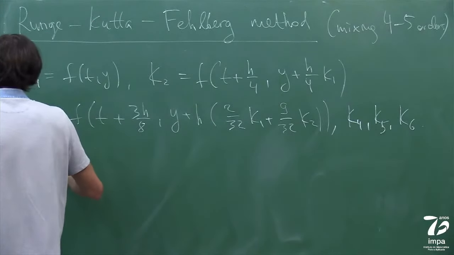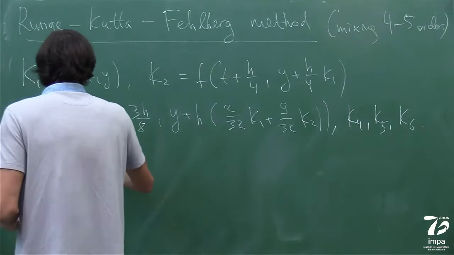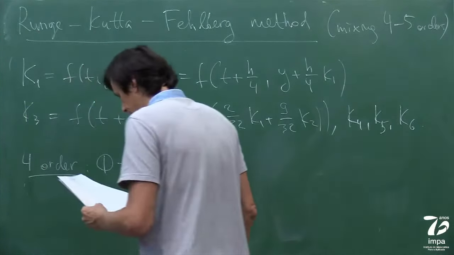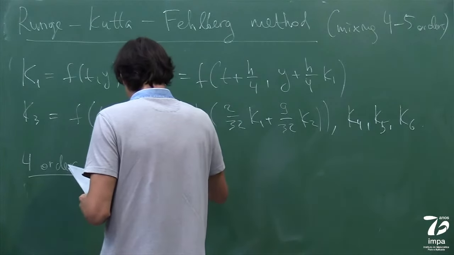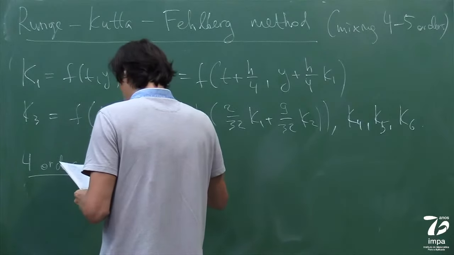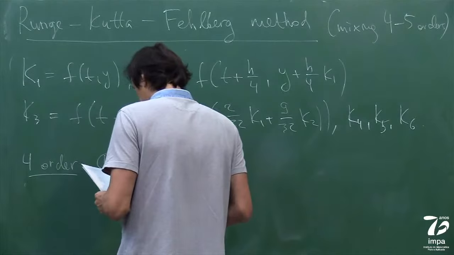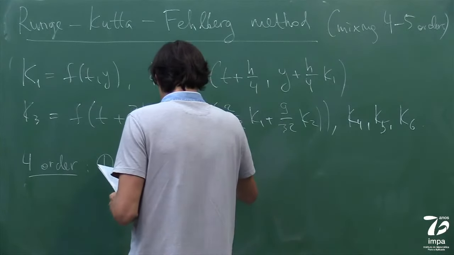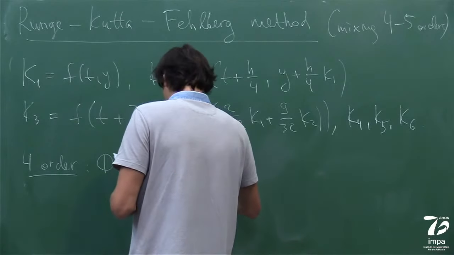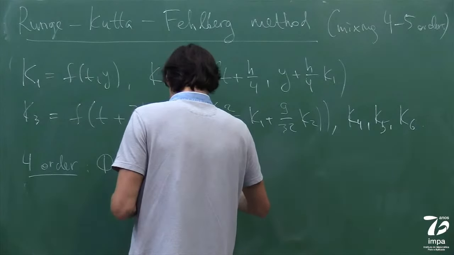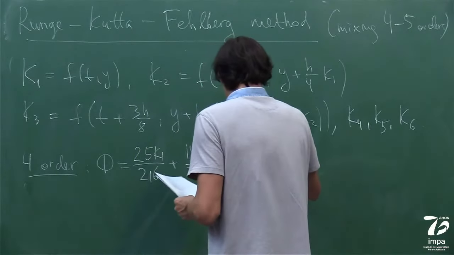The fourth order method is when you take this phi as, I will write it so you see the complexity. The one term, then 1, 4, 0, 8, 2, K3 plus 2, 1.